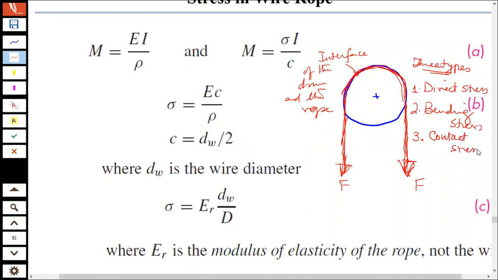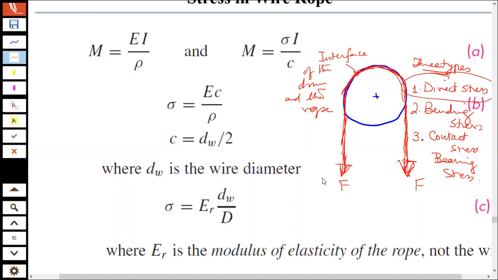Shear did not happen, sir? One second, shear will happen because of this. Okay. So contact stress, or we can call that bearing stress. Okay. So these are the dominant stresses in this rope.